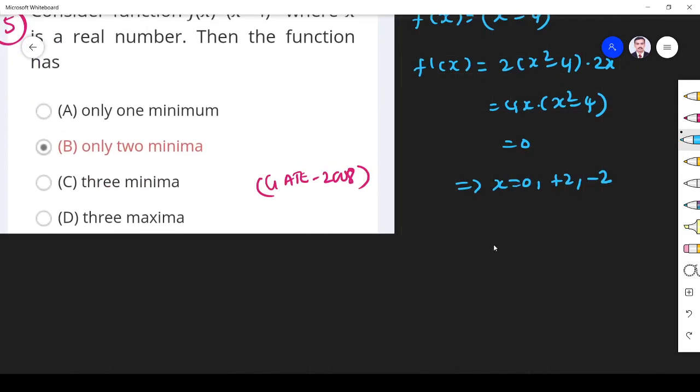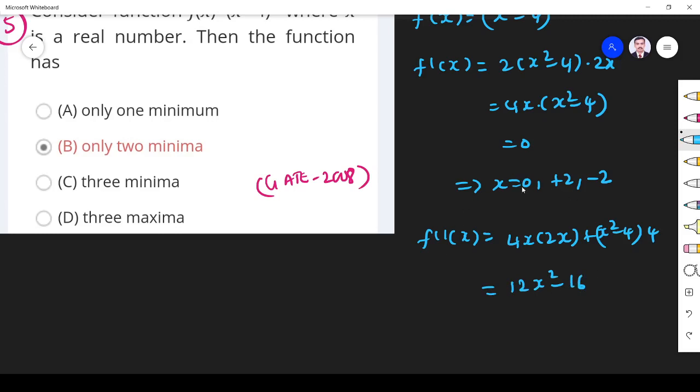Next we have to find the second order derivative, f double dash of x. Differentiating 4x into (x squared minus 4) by the UV formula, we get 4x into 2x plus (x squared minus 4) into 4. This gives 12x squared minus 16.